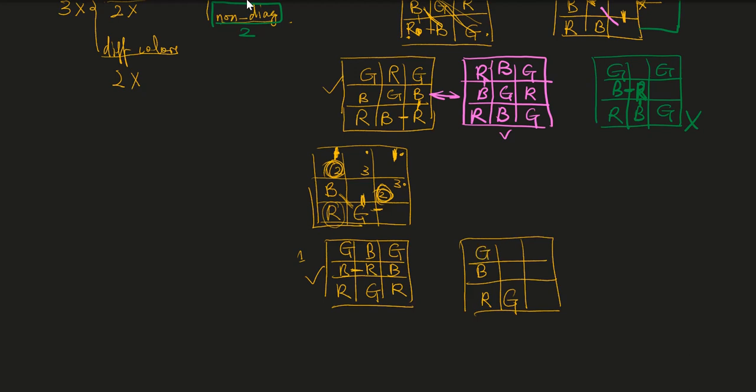So this is green, this is green. And again, let's consider the center square. Since it's adjacent to this blue, it has to be red. And for the third red, it can either go to this place or go to this place.